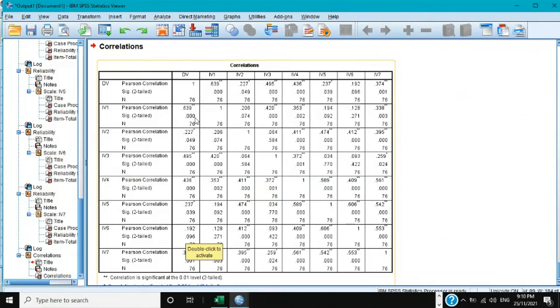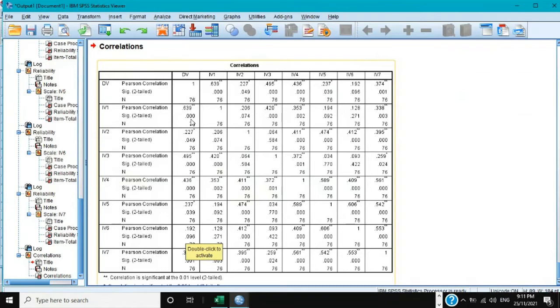This is not zero, and I would expect you to change 0.000 to 0.001. And here is your sample size, which is your respondents. So you have 76 respondents.